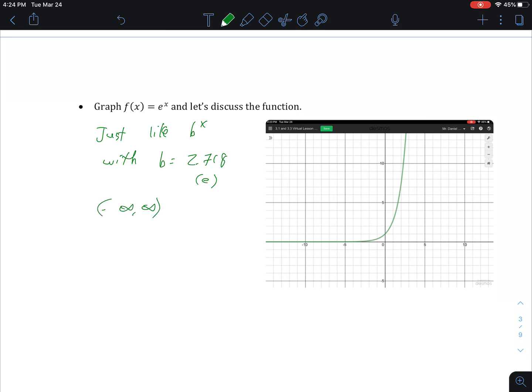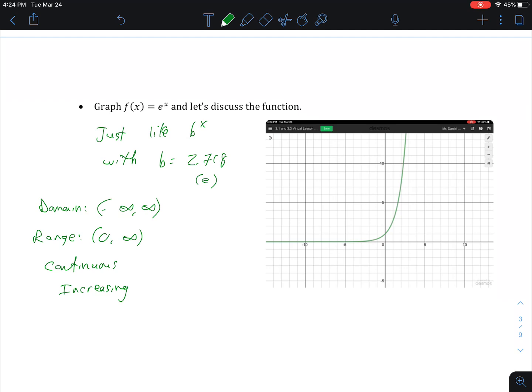Right, so just like before, its domain is all real. I could pick any number. Its range is from 0 upward, just like b to the x. It never goes below 0. It's continuous. It's increasing.